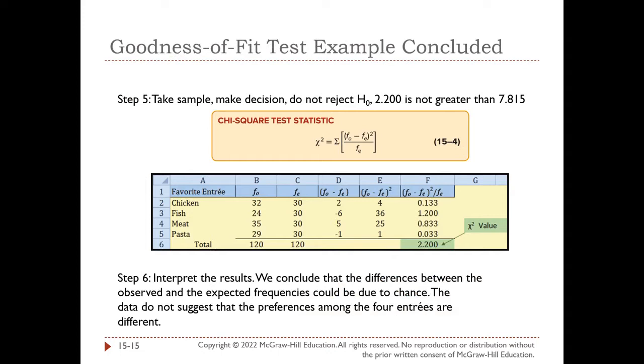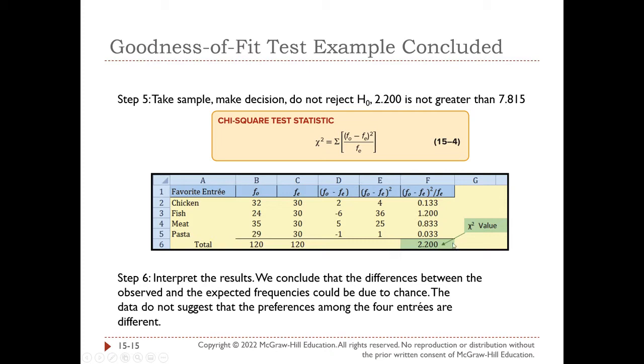Step 5, we're going to make a decision. This is how we calculate chi-squared. It's a sum of the observed frequency minus the expected frequency, squared, divided by the expected frequency. So, another one that we would probably use Excel to help calculate, going step by step.